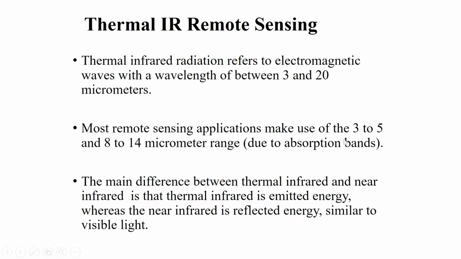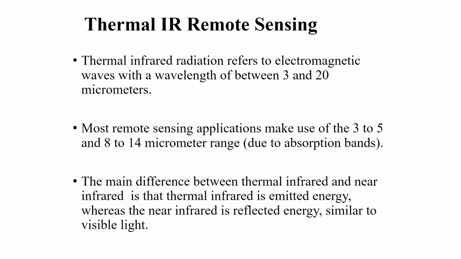So only 3 to 5 micrometer and 8 to 14 micrometer, these two ranges, are used in earth observation, because 5 to 8 micrometer is the absorption band. All the infrared information in 5 to 8 micrometer is absorbed by atmospheric water vapor.